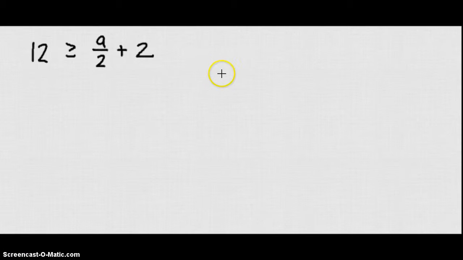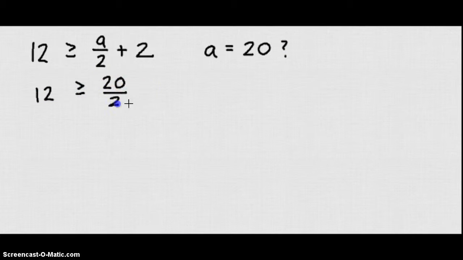Let's take a look at this inequality. 12 is greater than or equal to A divided by 2 plus 2. Let's say, is that true for A equals 20? Well, we can plug 20 in for A. We get 12 is greater than or equal to 20 over 2 plus 2.